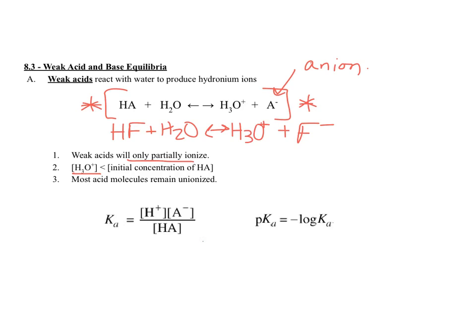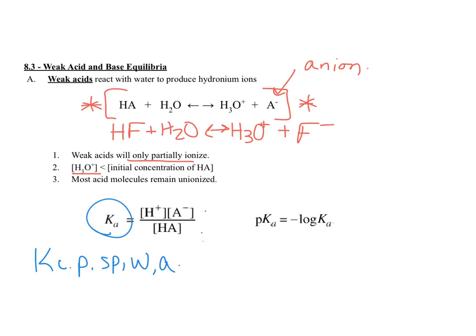So in order to calculate the pH of weak acids, we're going to use their Ka values. So now we have Kc, Kp, Ksp, Kw, and now we have Ka. Ka is just going to be that ratio of products to reactants, products on the top, reactants on the bottom, of a weak acid.